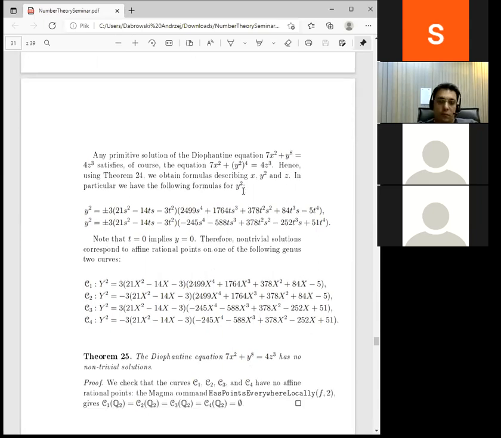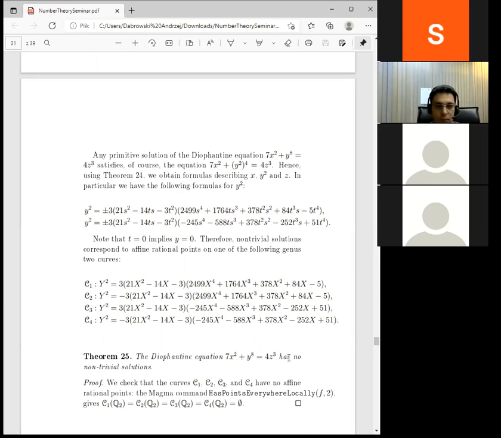So in particular, what we'll use is that we obtain the following four genus 2 curves, and the problem of a non-trivial solution to our different equation is reduced to finding affine rational points on these four genus 2 curves.